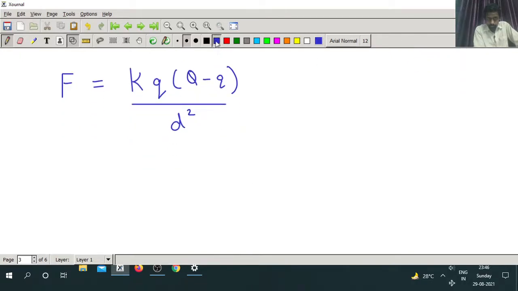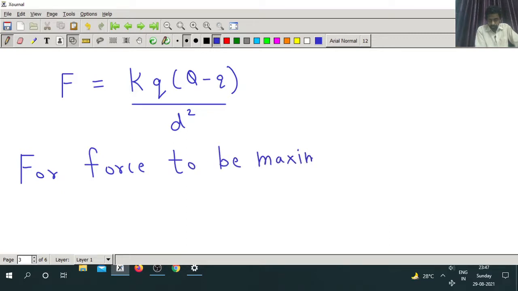So for force to be maximum, keeping our distance the same, we want to differentiate this force with respect to charge and set it equal to 0. That means we have to find what small q should be so that the force will be maximum.